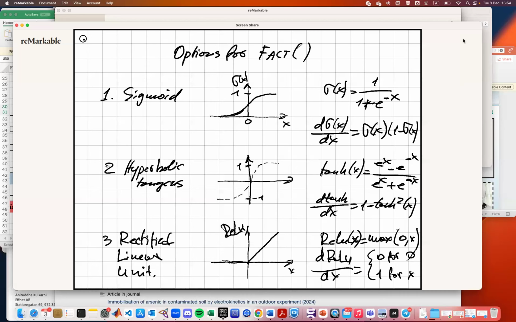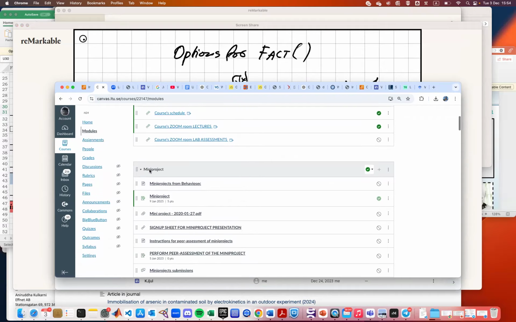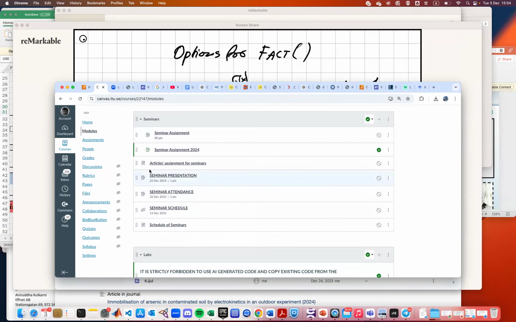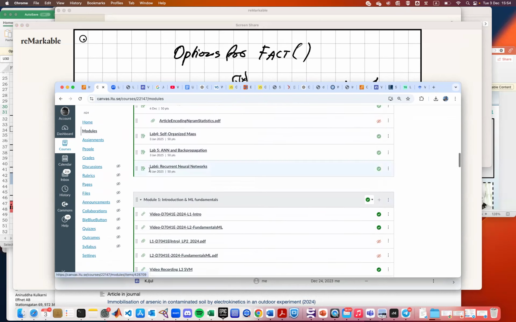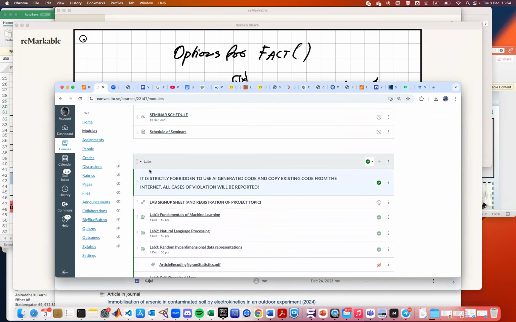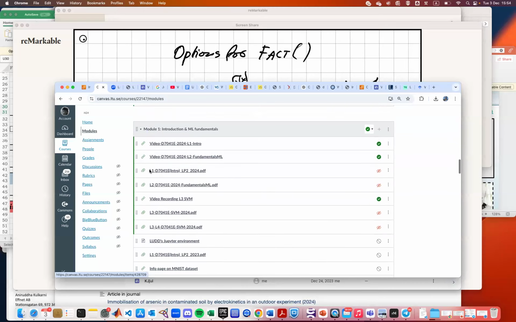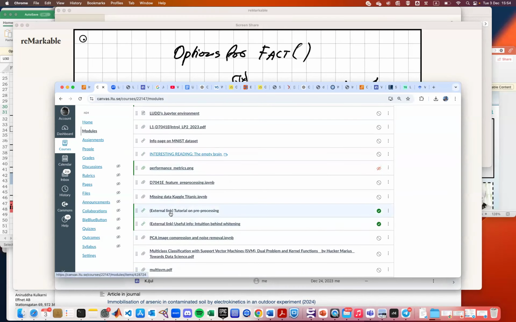Connected to this, I think I have this link in the first module. So let me double check it. Performance metrics.